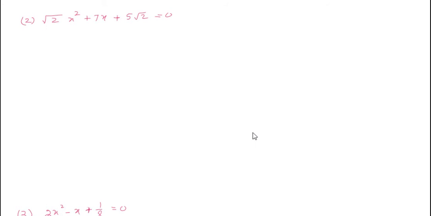Next exercise, root 2 x square plus 7x plus 5 root 2 equal to 0. Here a equal to root 2, c equal to 5 root 2. If you multiply, ac equal to 5 into root 2 into root 2 equal to 10.